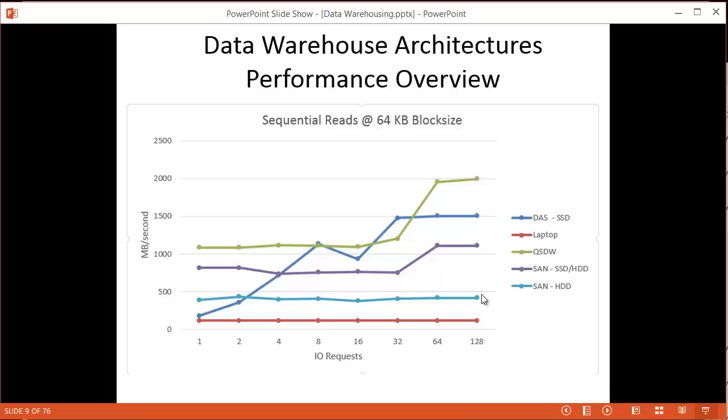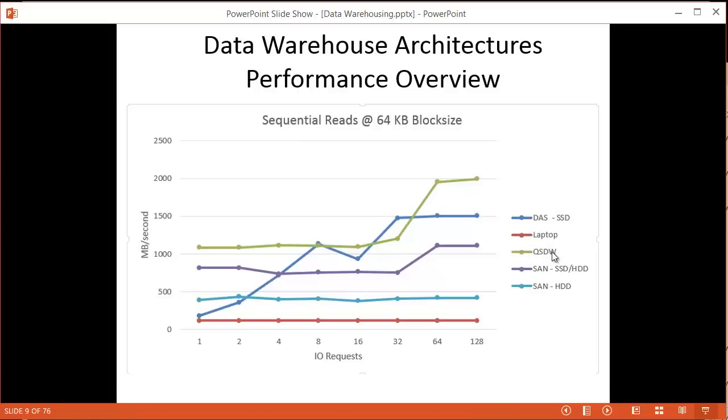The blue line is kind of a tier 2 SAN, which is supported by just hard disk drives. Again, because it's OLTP optimized, for data warehouse workloads it doesn't perform very well. And then the bottom red line is my personal laptop. So hopefully that gives you an idea of the different architectures, and why having a hardware architecture specifically designed for data warehouse workloads can make a dramatic difference.